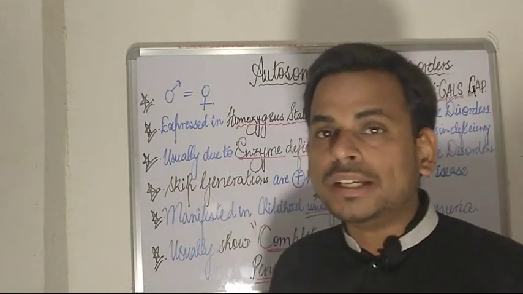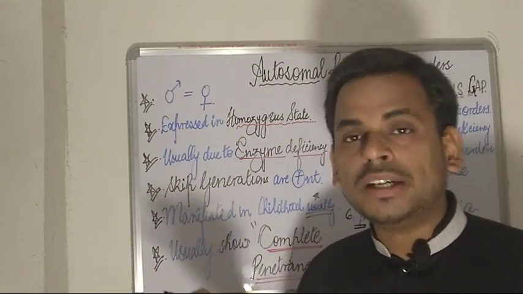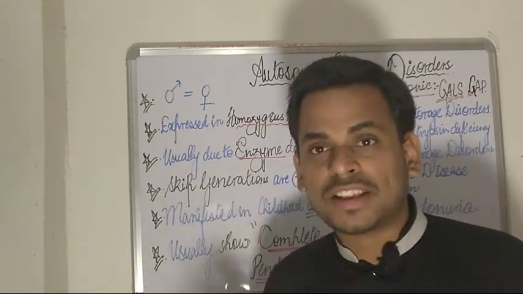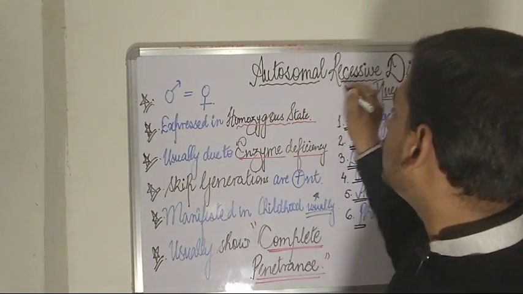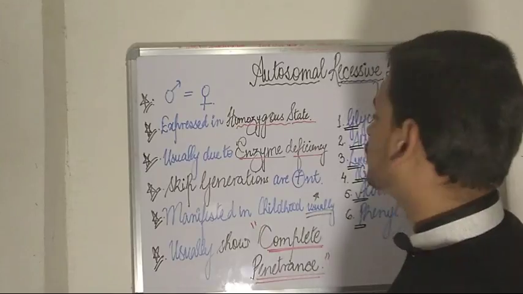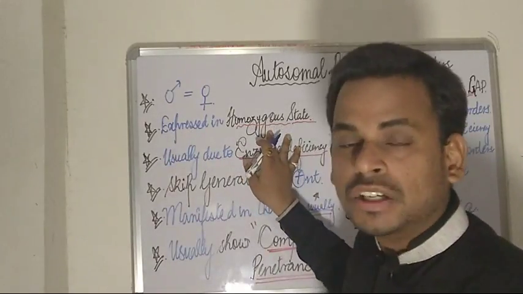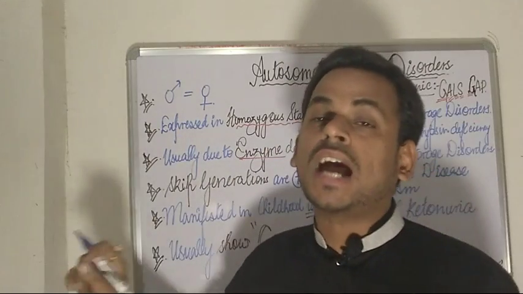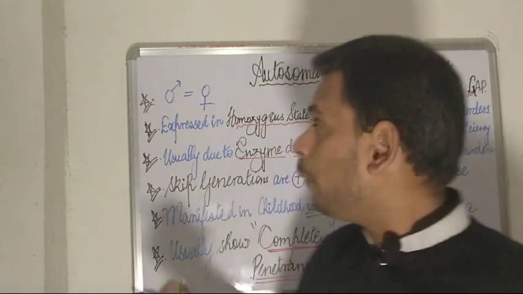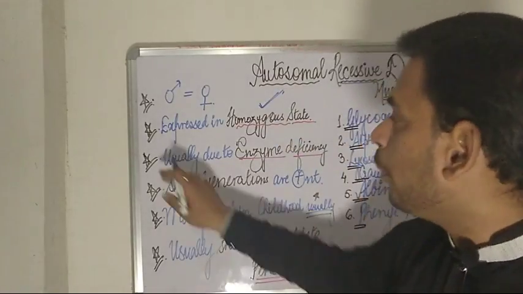In contrast to the autosomal dominant disorders, which are mostly manifested in the heterozygous state, the autosomal recessive disorders are expressed in the homozygous state. So students, do remember, autosomal recessive disorders are mostly expressed when it is in the homozygous state.